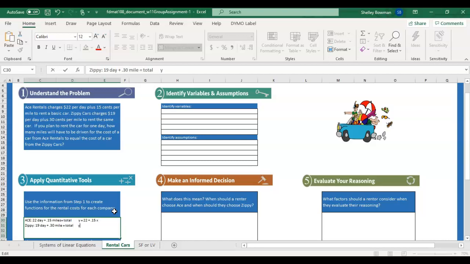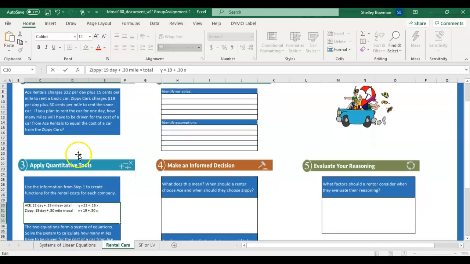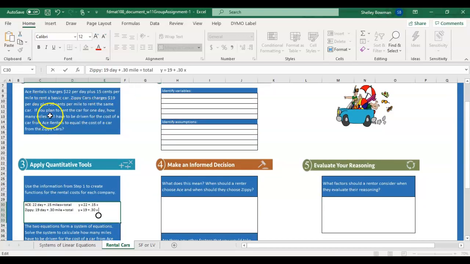Same thing on Zippy. We'll do y equals 19 plus 0.3, and we can put the 0 on there as well, x.